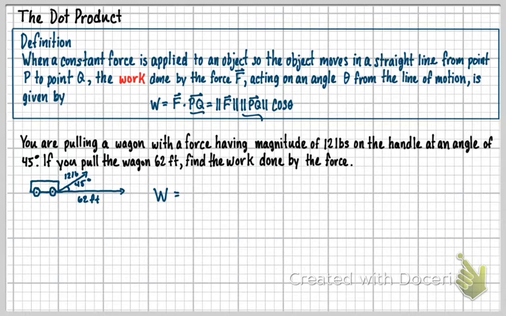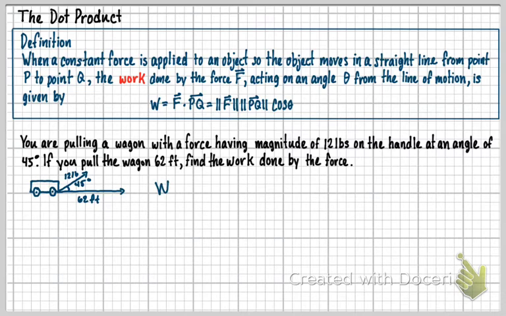But I do know the magnitude of F, so that's why I'm using this one here. With the other one, I would have to know each vector, and then I can use just a simple dot product. So that is another use for the dot product, is finding work.